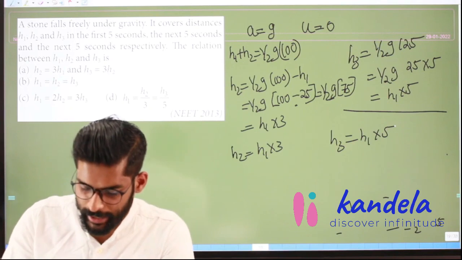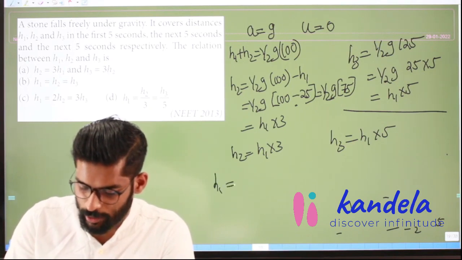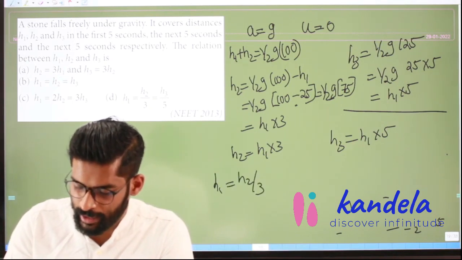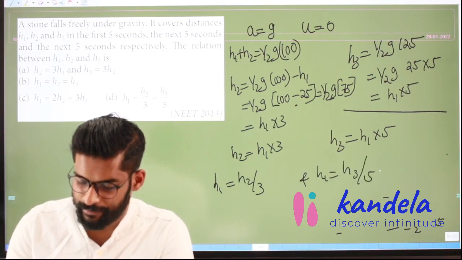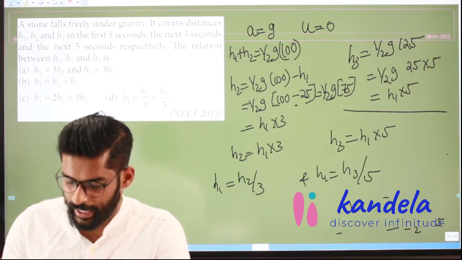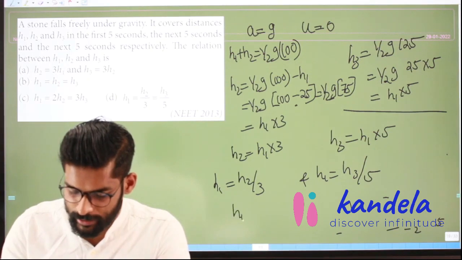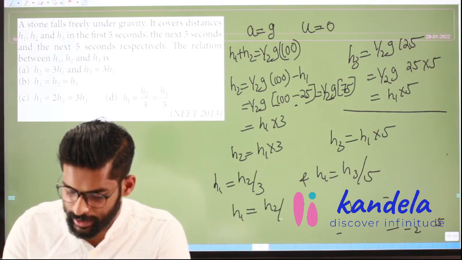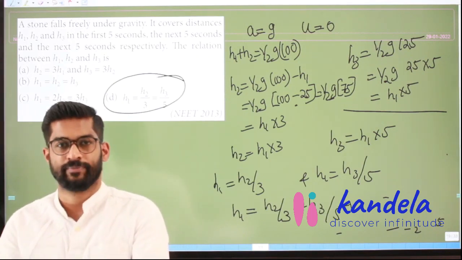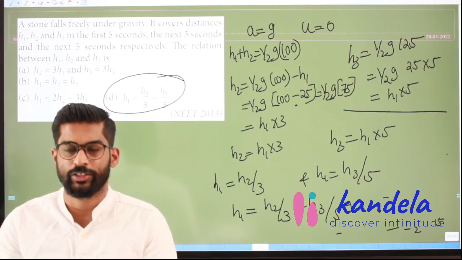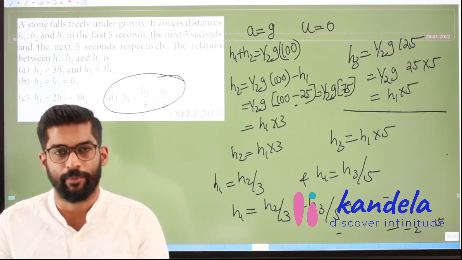So I can write h1 is equal to h2 divided by 3 and h1 is equal to h3 divided by 5. So they are in the ratio h1 equal to h2 by 3 equal to h3 by 5. So option D is my answer. This is how we use equations of motion to solve a problem in NEET.